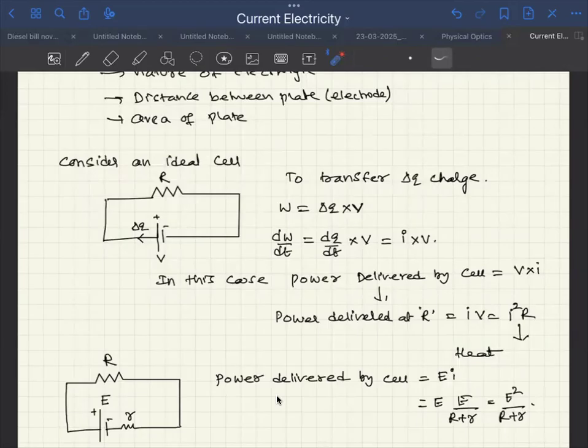In heating instruments like a geyser, the water gets heated because of this part only. So power is I square R.